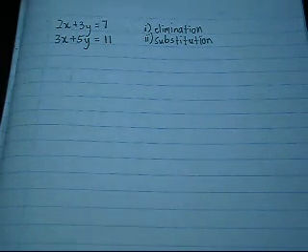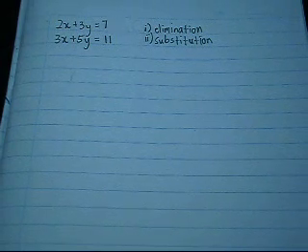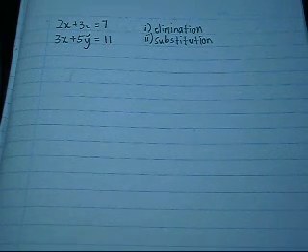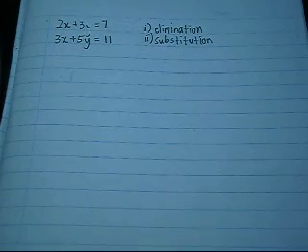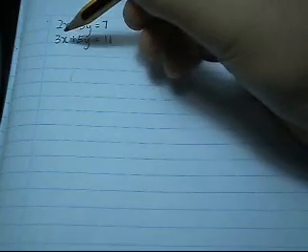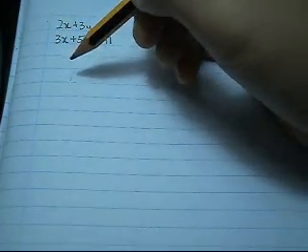the first method we do is the elimination method, which is eliminating one of the values. The first thing to do is we need to make these x values common. Let's say I want to eliminate the x value.